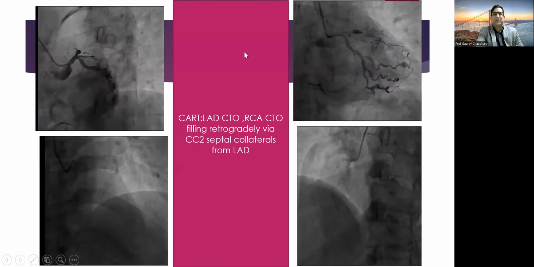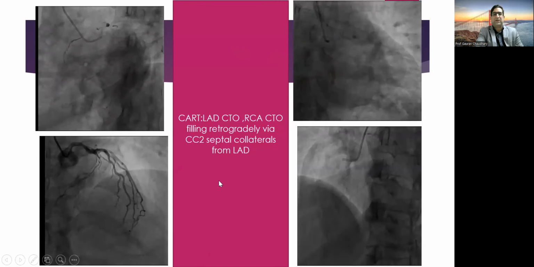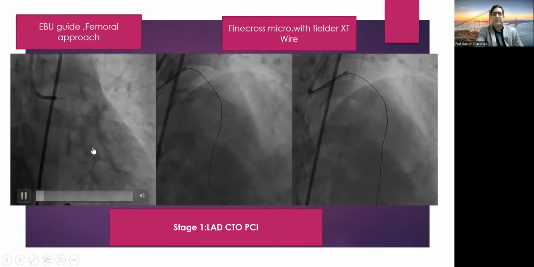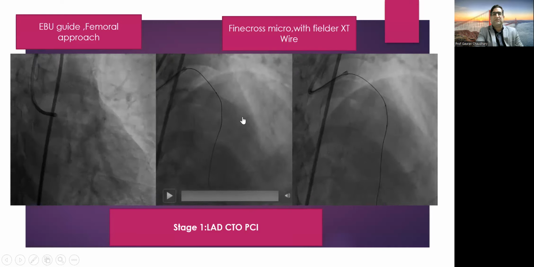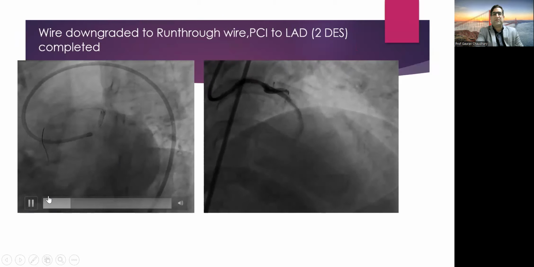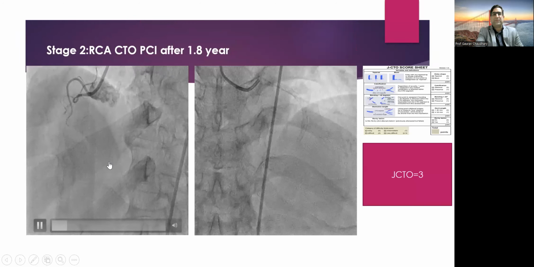We can see the LAD is 100% occluded in the mid portion, and the RCA also has 100% occlusion. First, the LAD was negotiated antegradely with a microcatheter over a Fielder XT wire, and PCI to the LAD was done.